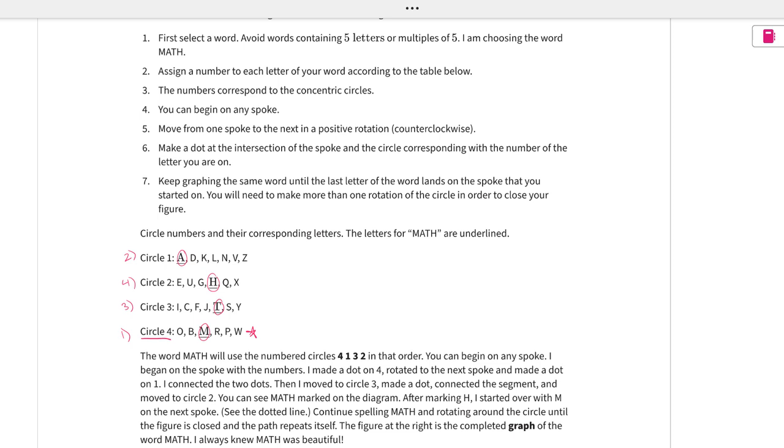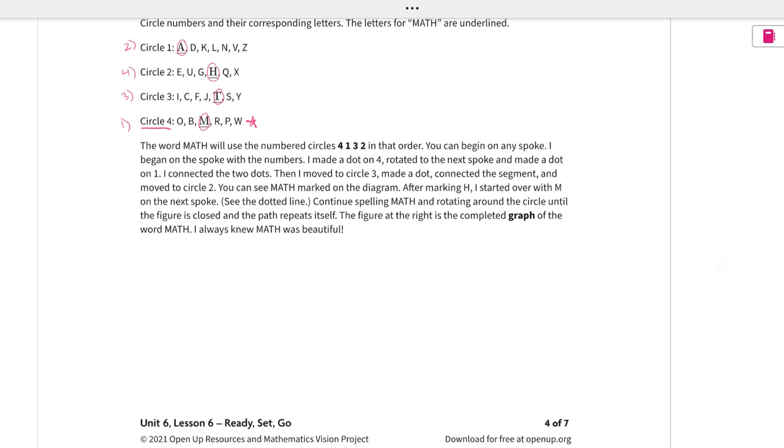Then I moved to circle 3, made a dot, connected the segment, and moved to circle 2. You can see math marked on the diagram. After marking H, I started over with M on the next spoke. And it says, see the dotted line. Continue spelling math and rotating around the circle until the figure is closed and the path repeats itself. The figure at the right is the completed graph on the word math. I always knew math was beautiful.